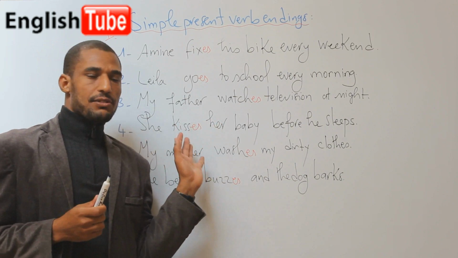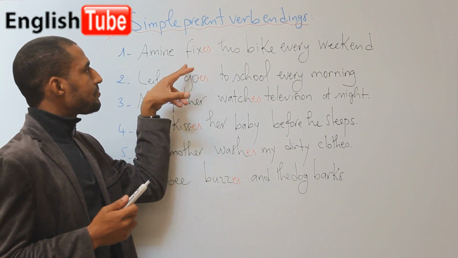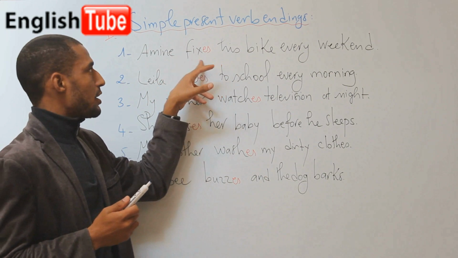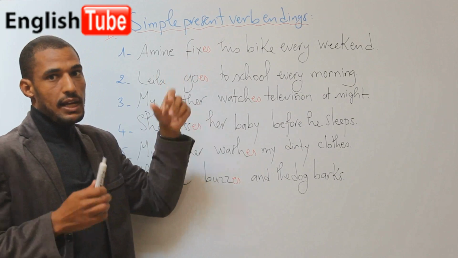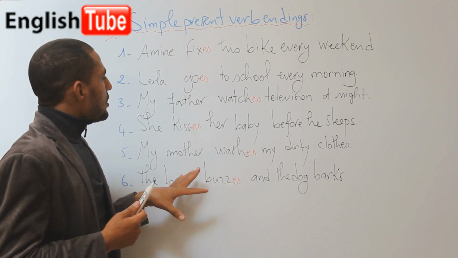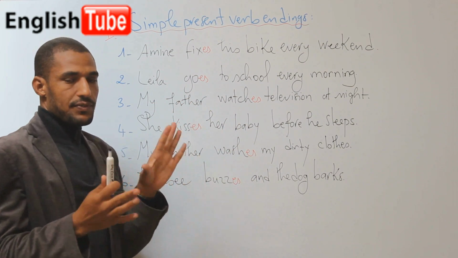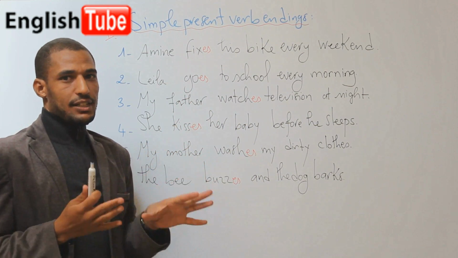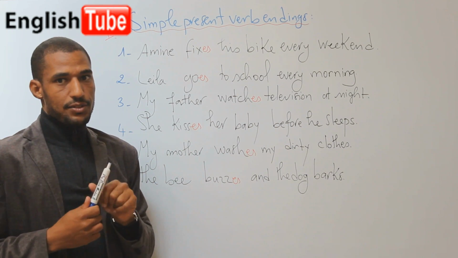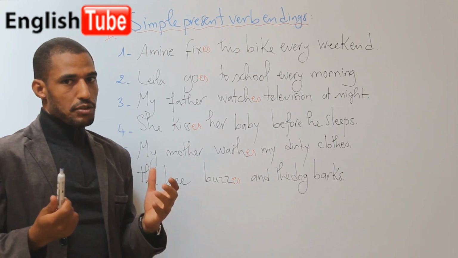So let's study the following sentences together, and then we are going to determine the verb base, or what we call the root of the verb, before it is conjugated. And we're going to see the verb endings, okay? Because the verb ending has to do exactly with the last letter or letters of the verb base.